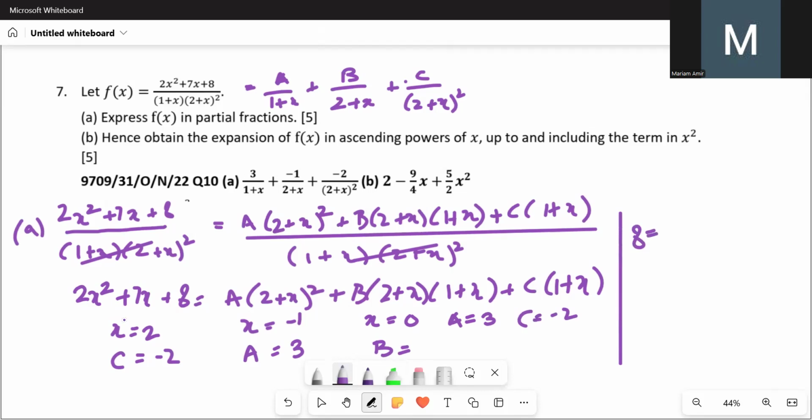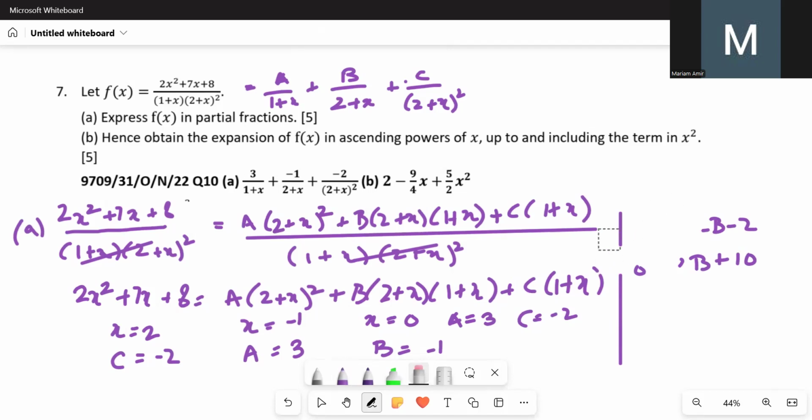So 8 equals, a is 3, so 3 times 4 would be 12, plus b, which we're trying to find, times 2 times 1, which is 2b, and then c is -2 and x is 0, so this would be -2. So we get 8 equals 2b plus 10. So -2 is equal to 2b, so b is equal to -1.